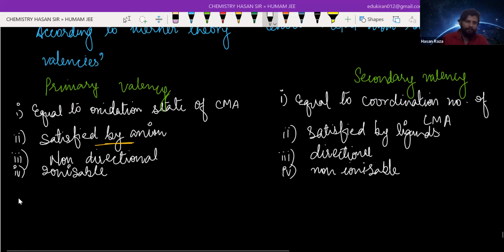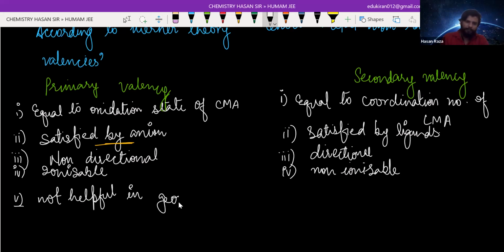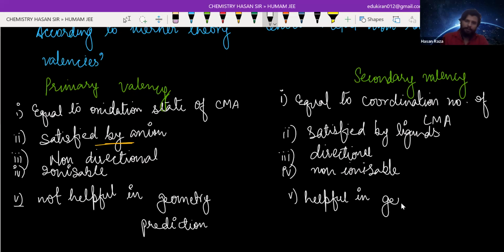Now the next one is not helpful in geometric prediction. And this is your helpful in geometry prediction.